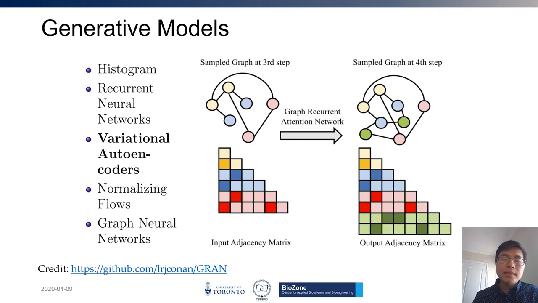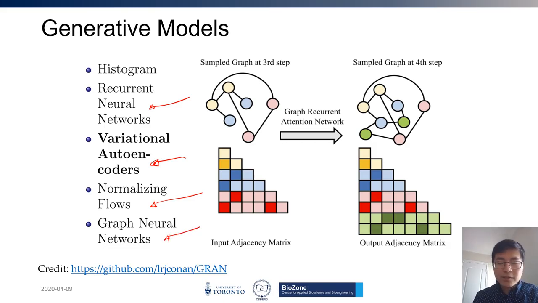The second part was the generative model. You actually have a lot of options for this model, similar to the sequence to function model. The one they use in the paper is the variational autoencoder, which I'll briefly talk about on the next few slides. But there are many, many more. So recurrent neural networks, RNNs, these invertible generative models, normalizing flows, and more recently, graph neural networks.